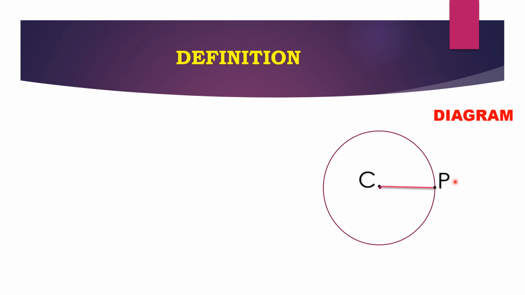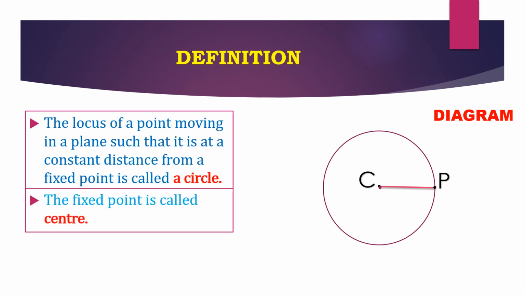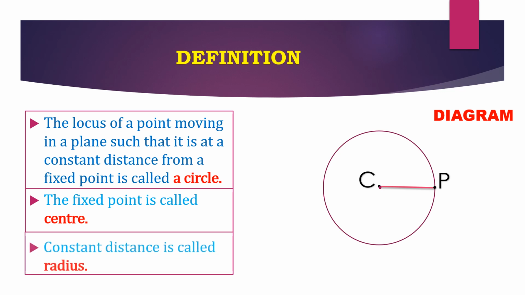Here we observe that P is moving around C. Then the locus of P is called a circle, and the fixed point is called the center and the constant distance is called the radius.